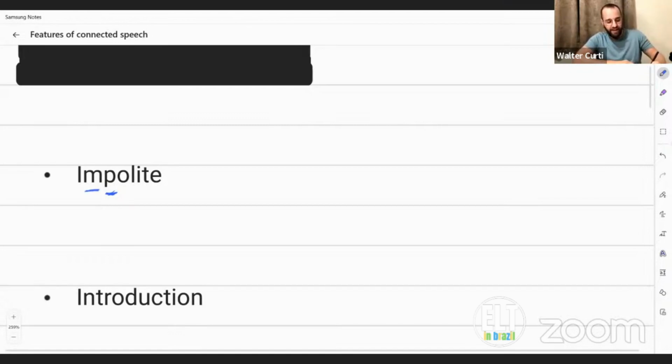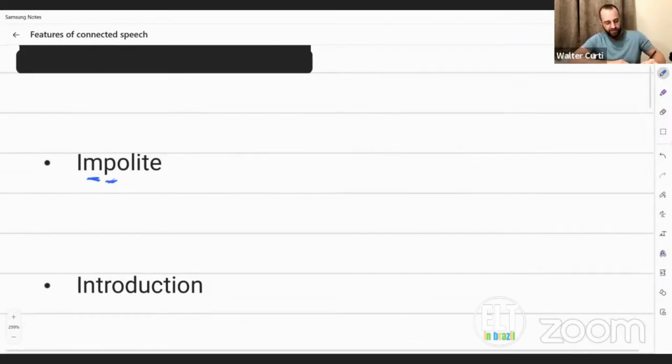And then you have an M, which is also a bilabial sound. So in "impolite", you close your mouth, and both sounds are bilabial. But in the next one, you have this T sound, which is an alveolar, the back of the teeth, and then an N sound. In here, all fine. The word is spelled that way, so we have no problem.